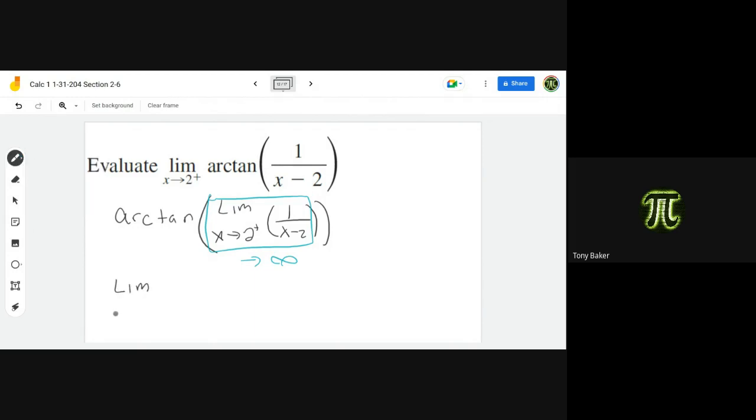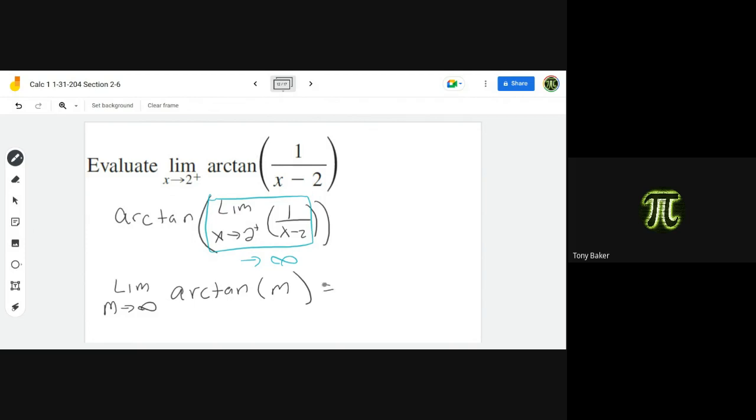So now we can look at the limit as, I'm going to use an m because I don't want to use that, arctan of f. Now we can look at it as that's going to infinity.